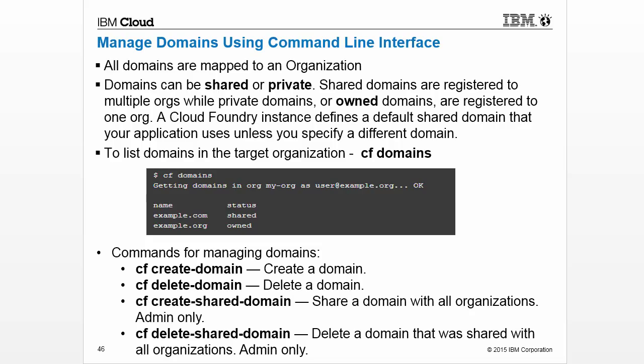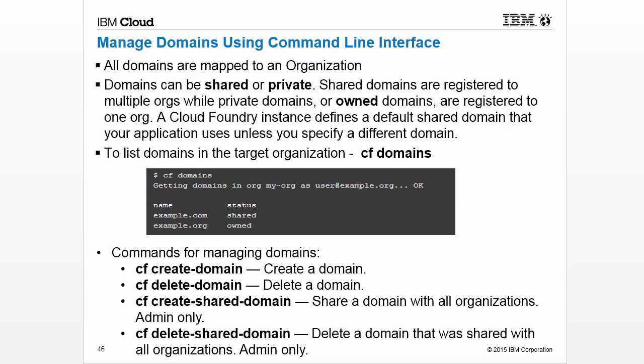The CF CLI version 6 has improved separation between management of private domains and management of shared domains. Only administrators can manage shared domains. In terms of domains, CF CLI version 6 is designed to work with both new and older versions of cf-release. Please note the map-domain and unmap-domain commands no longer exist.